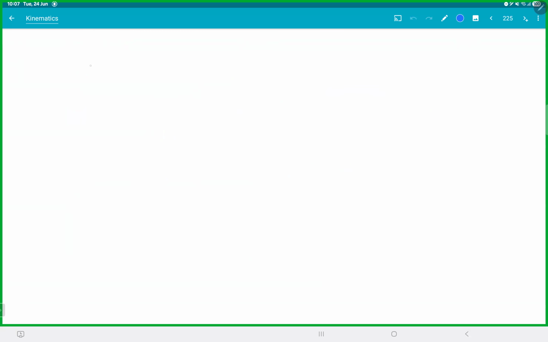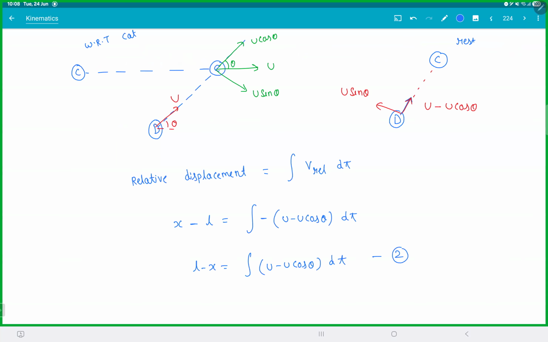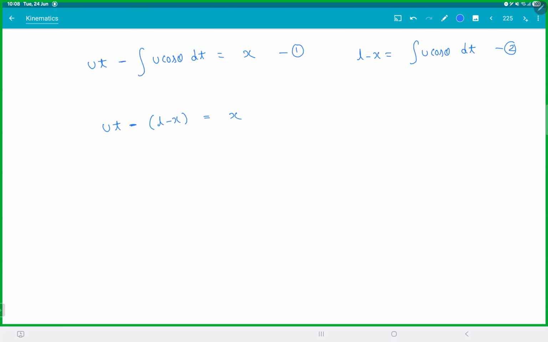So let's solve them. ut minus integral u cos theta dt is equal to x. The second thing is L minus x is integral u minus u cos theta dt. So yeah, you can substitute here.